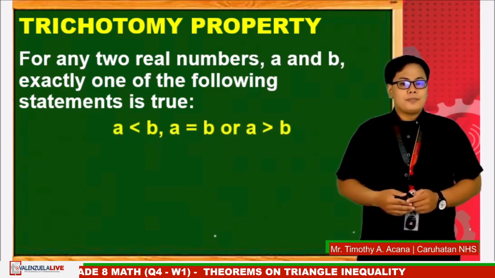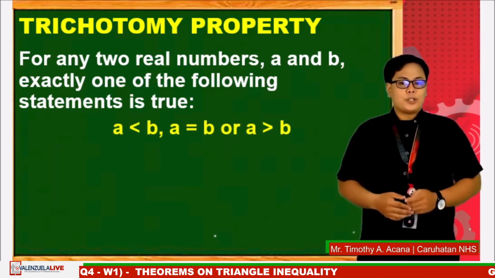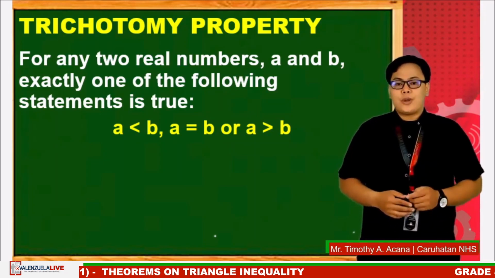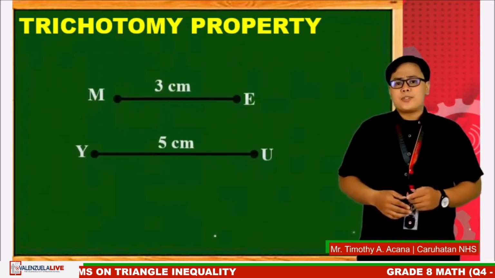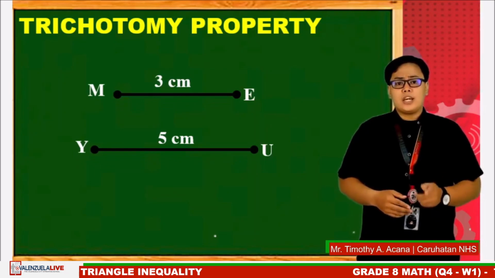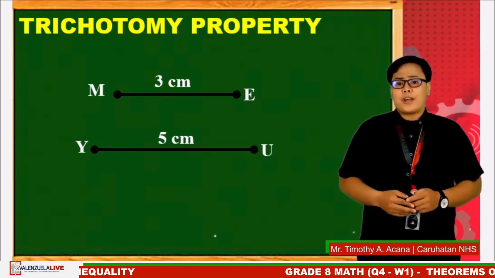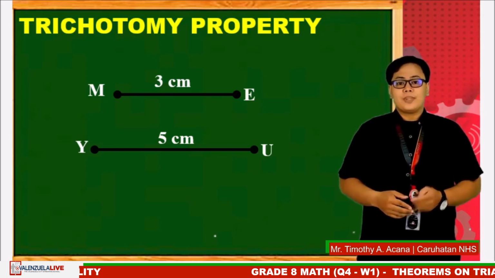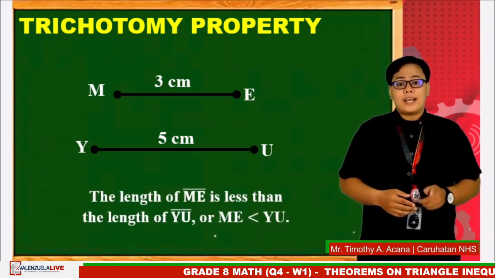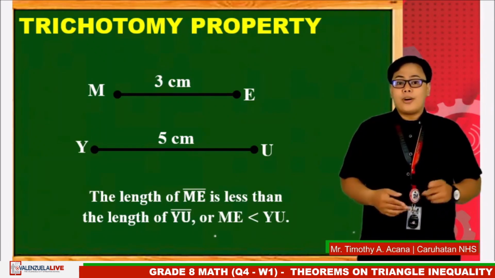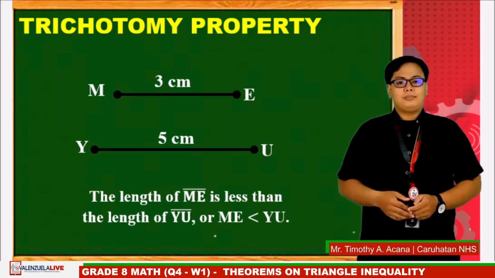We have A is less than B, A is equal to B, or A is greater than B. Let us have segment ME equal to 3 centimeters and segment YU equal to 5 centimeters. The length of segment ME is less than the length of segment YU. Or in symbols, we have ME is less than YU.